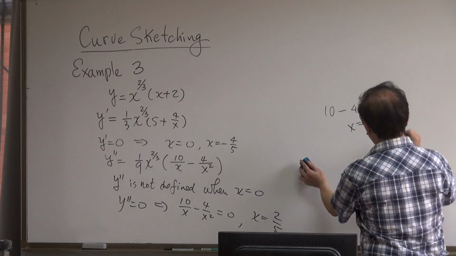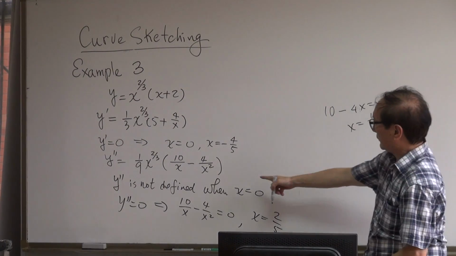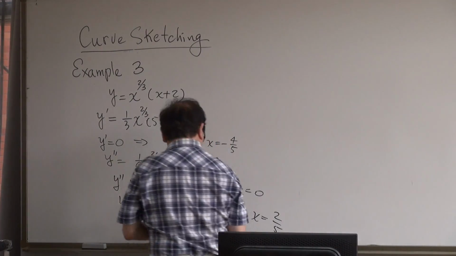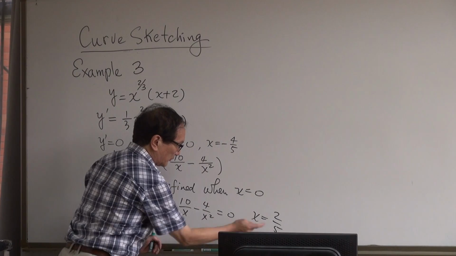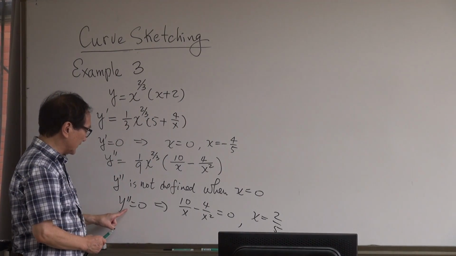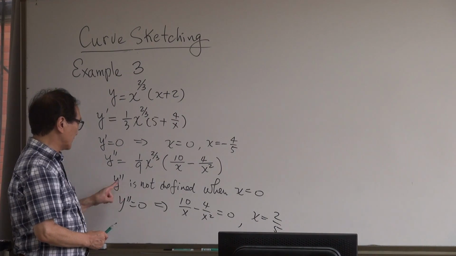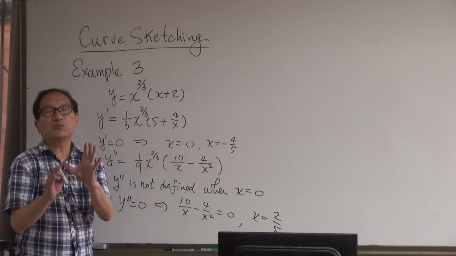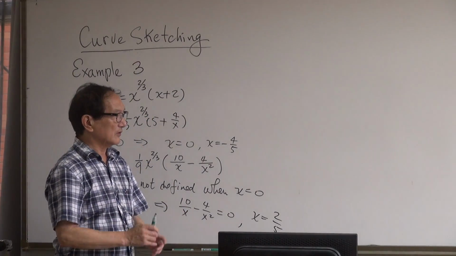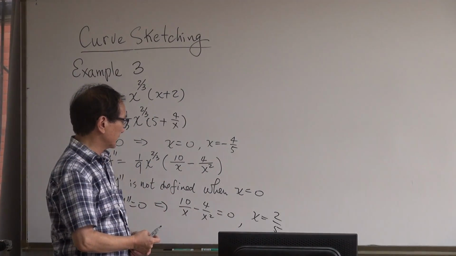Yeah, that's correct. Simply solve this equation and you get this. So we found these 2 points at which the second derivative equals 0 or does not exist. These 2 points give us some kind of clue in curve sketching.